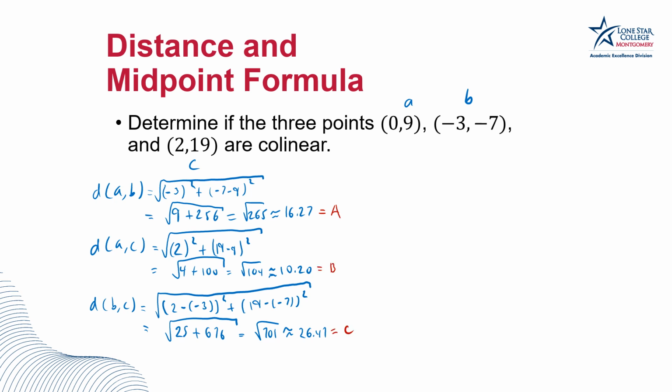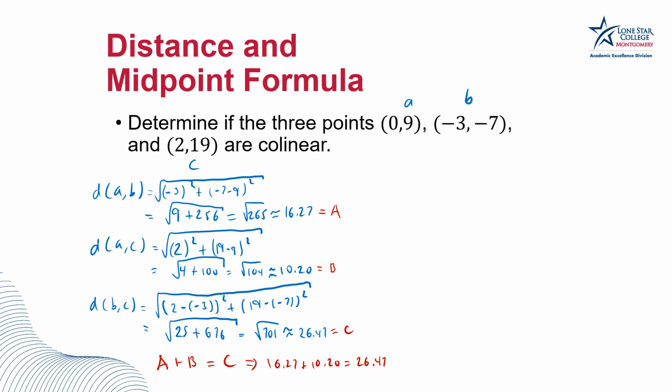So if you notice, if we were to take A plus B, what will we get? C. And the reason why we picked the last one to be C is because 26.47 is the biggest of the three numbers. So it will be the biggest distance between the points. So if we plug it in, we would have 16.27 plus 10.20, which is 26.47. So that would be yes.